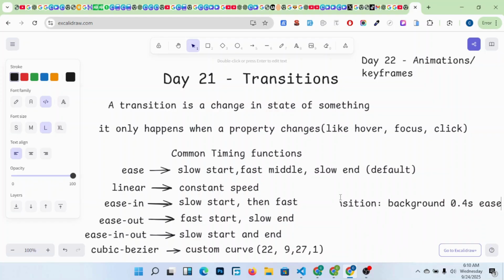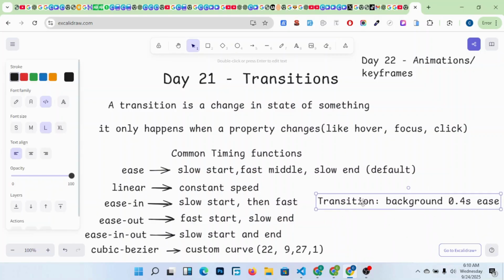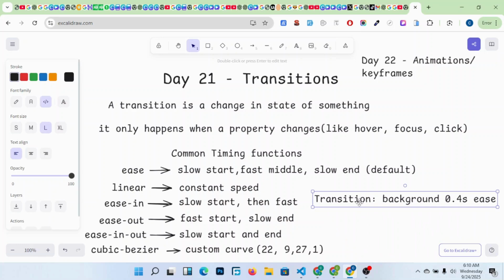I see this. Remember, I see this. So remember, this is how transitions normally are.